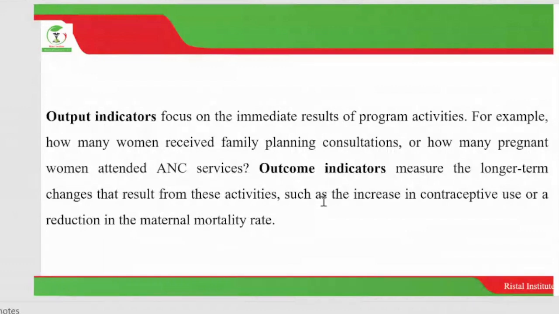Then you would look at the outcome indicators, where you're looking at the long-term changes that result from these activities, such as the increase in contraceptive use or the reduction in the maternal mortality rate.